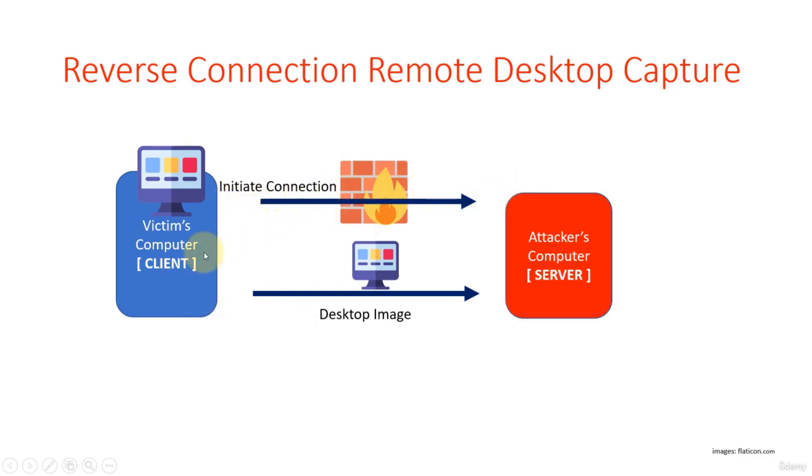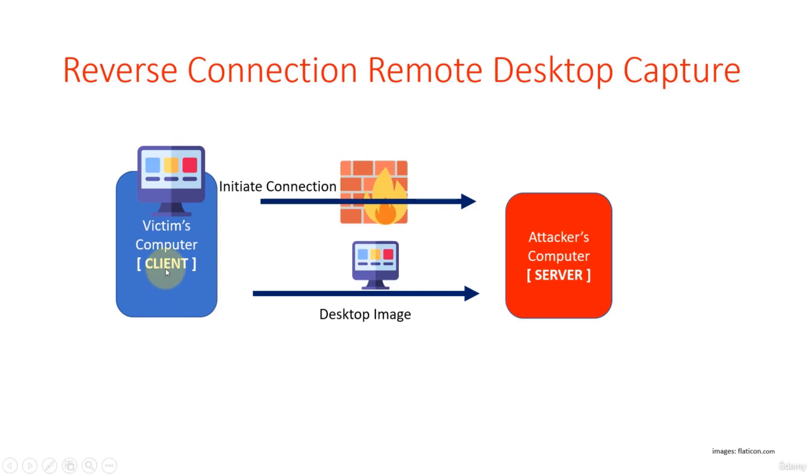So in this case, the victim's computer now is called the client, and the victim will initiate the connection to the attacker's computer, and then the attacker can use the newly established socket to request for the desktop, and then the client computer will be able to send the desktop image. If you are going to implement this, then the victim's computer will have a client RAT installed in it.